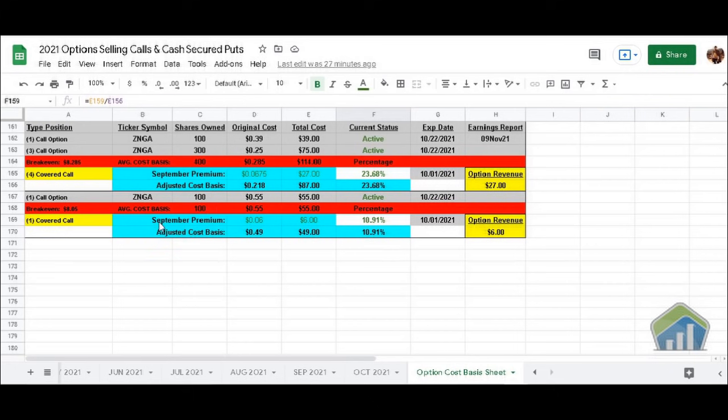But we have averaged our cost down on that other one to 49 cents, right? So once again, we are looking to possibly purchase another contract, maybe a little bit lower, 39. And we want to get this price even lower than where we're at right now, and then also do a covered call against that one. And that should be it.